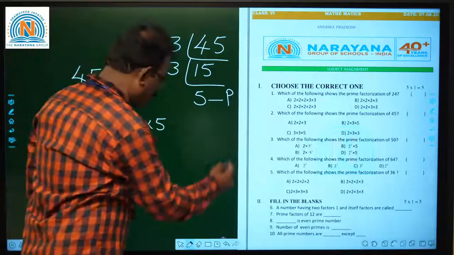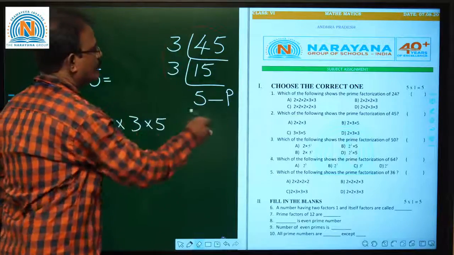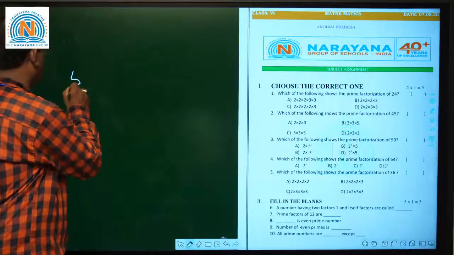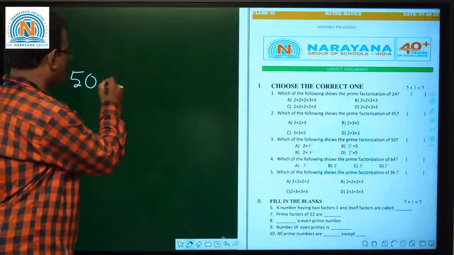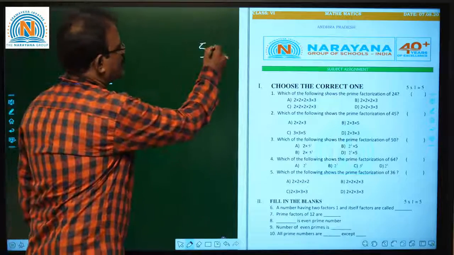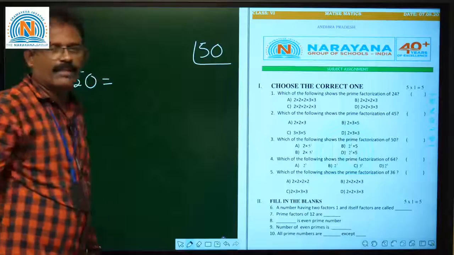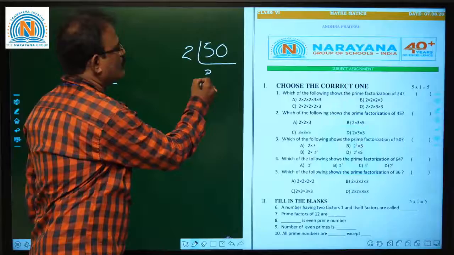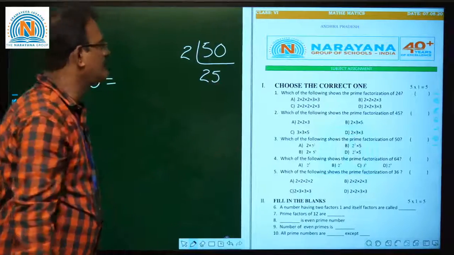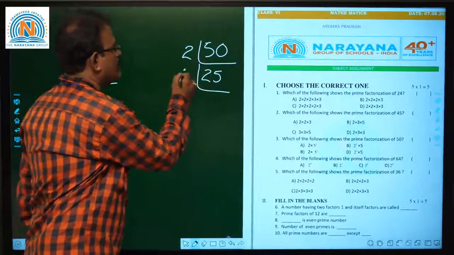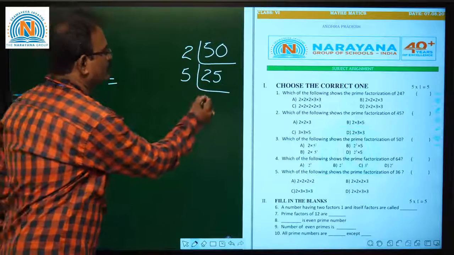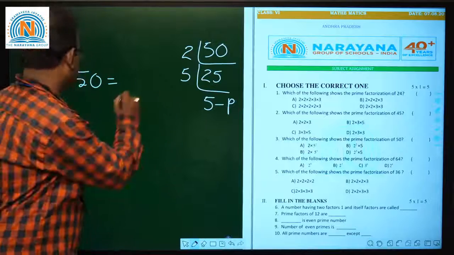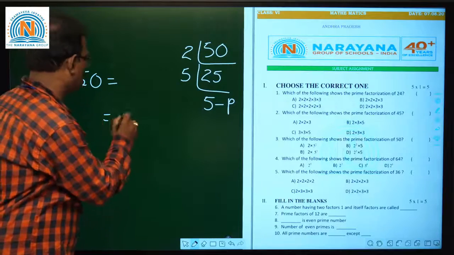Similarly, the third question, children: which of the following shows the prime factorization of 50? If you take 50, it is divisible by 2, 25 times, and 25 is divisible by 5, 5 times. As 5 is a prime number, this is the conclusion of prime factorization for 50.